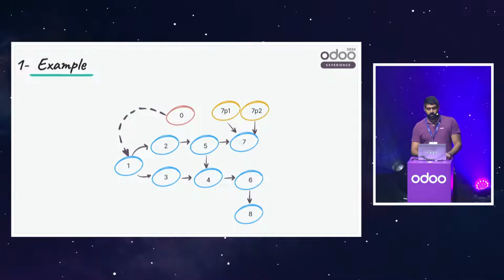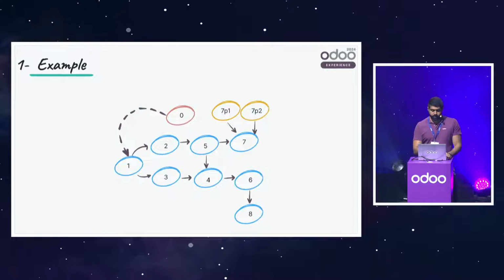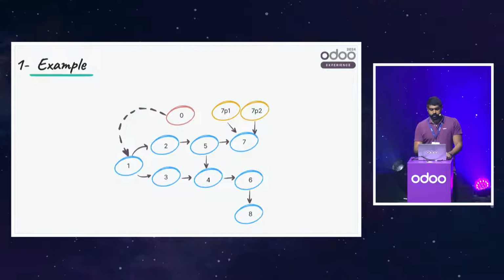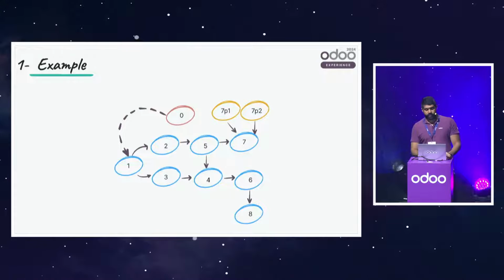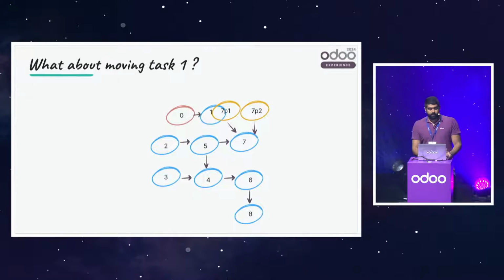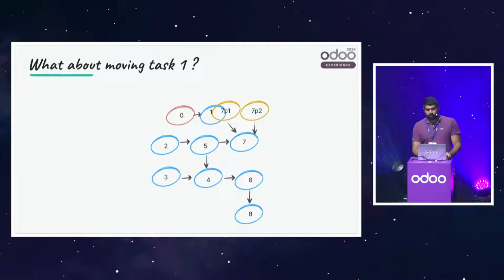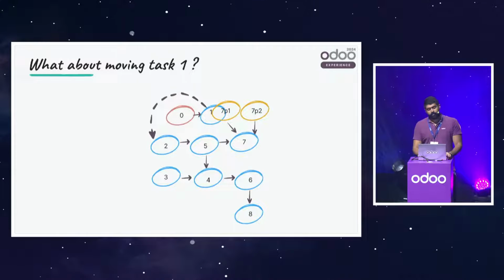Now, from a functional point of view, task 0 is blocking task 1, but task 1 is planned before task 0. It's a conflict. So you can say, okay, I will solve it easily by moving task 1 after task 0. Congratulations, you solved a local problem, but you created 4 or 5 more problems because now task 1 is blocking task 2, but task 2 is planned before task 1.